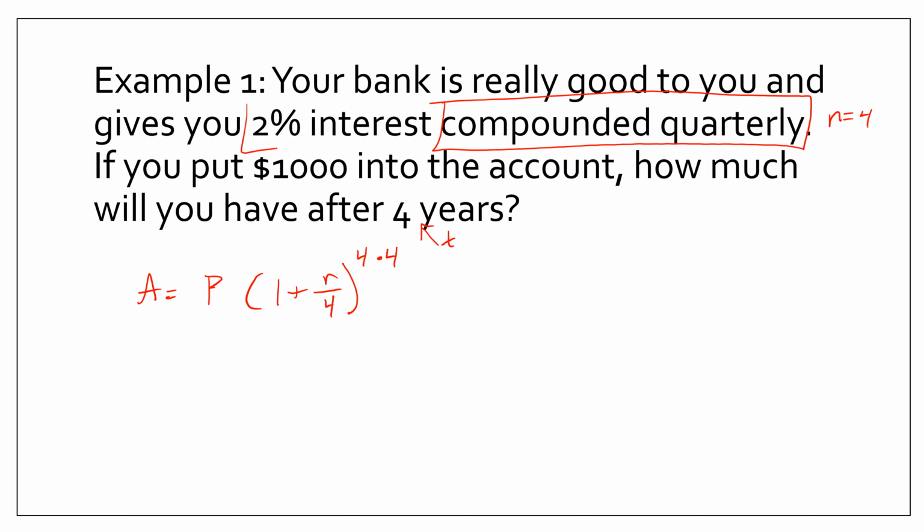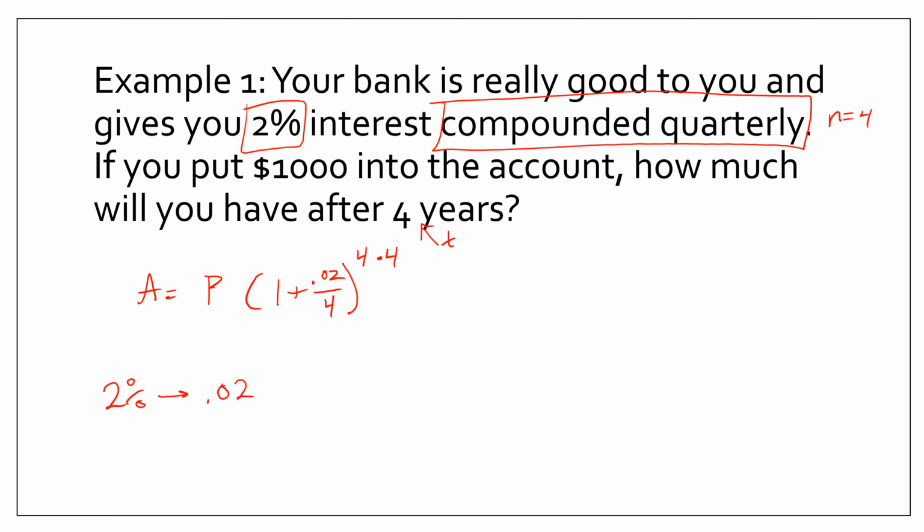Next, the rate. Here's my interest rate. Now, you can't just put 2 into the formula. Remember, when we put percents in, 2% goes into our math equations as 0.02. Why? Because we moved the decimal 2 places. It's like dividing by 100, okay? So 2%, 0.02 is what I should be plugging in.